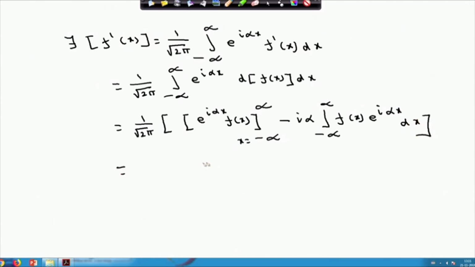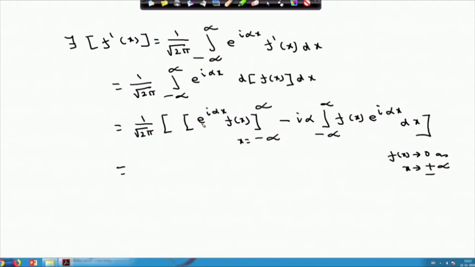And what I know is that f(x) approaches 0 as x approaches plus infinity or minus infinity. So this value will vanish.